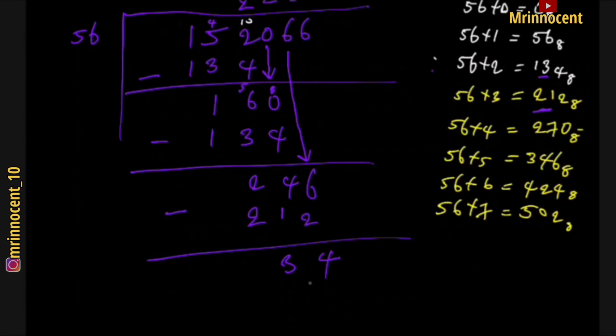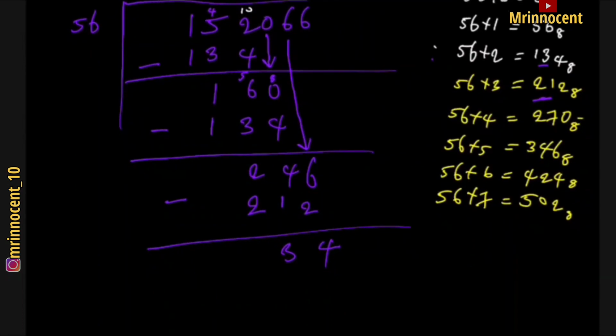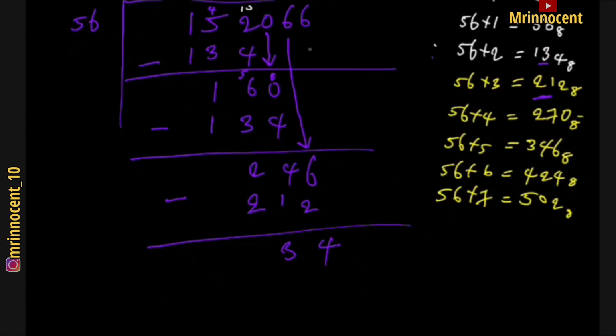So 56 divided by 34 cannot, bring down the last number, which is 6. So 56 divided by 346. Come to your chart table and find a number that is 346 or a number that comes before 346. So here you have 5, which is 346.